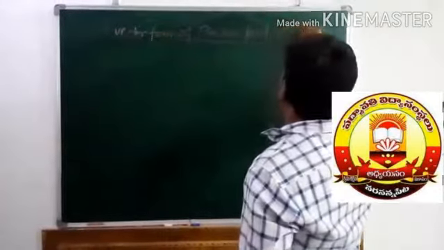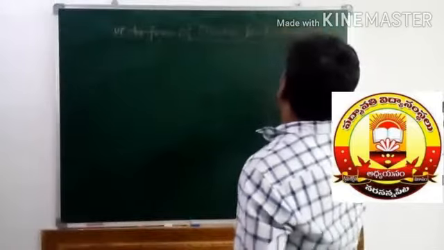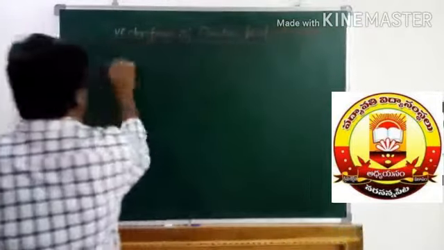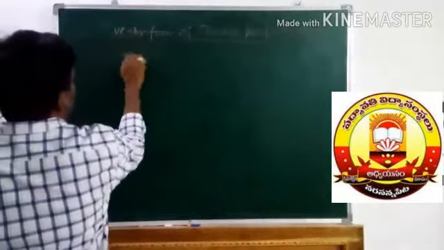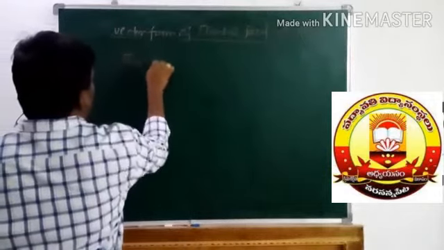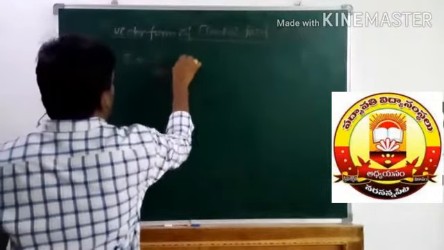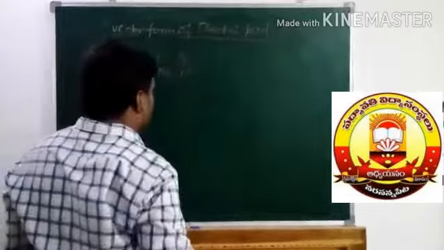So what is the formula here? We have E bar, E equals 1 by 4 pi epsilon naught q by r square.